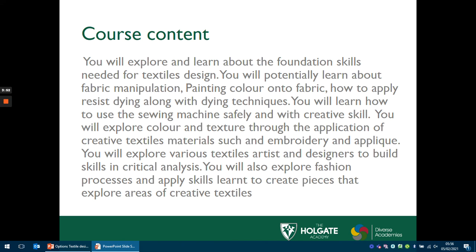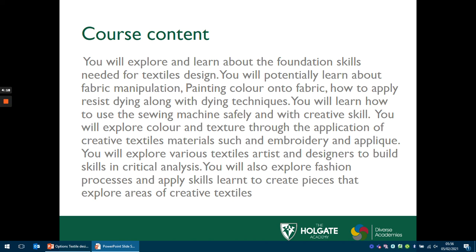So the course content: over the 2 years you will explore and learn about foundation skills within textiles design, which will then set you up for the rest of the course. You will potentially learn about fabric manipulation, painting colour onto fabric, how to apply resist dyeing, along with dyeing techniques. You will learn how to use the sewing machine safely and with a creative skill. So this isn't about technology textiles.